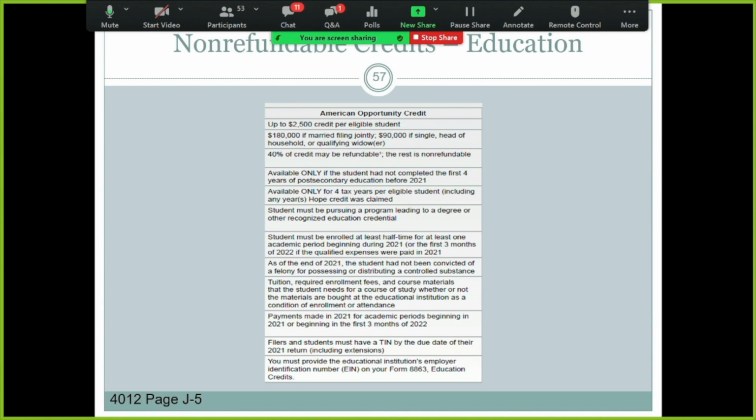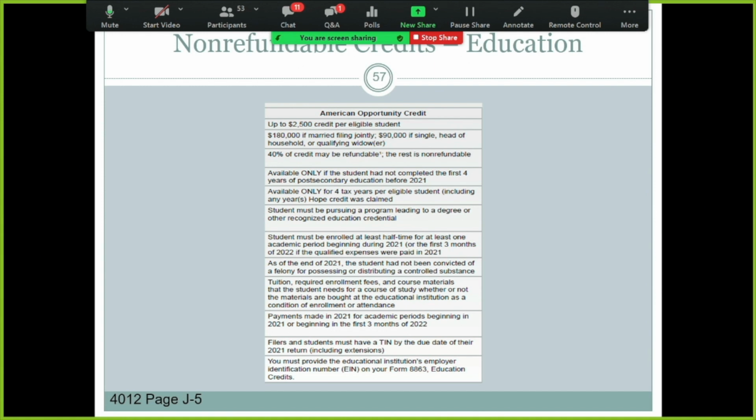And that will be listed in the software. When you start preparing the tax return, you'll have to answer those questions. Student must be pursuing a program leading to a degree or other recognized education credential. They can't already have a degree.